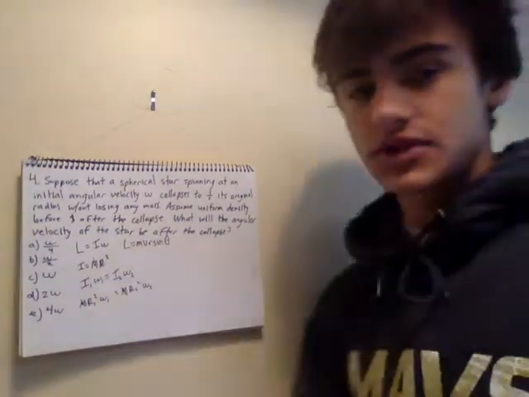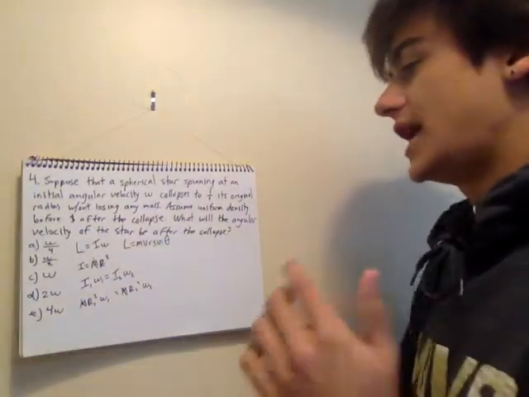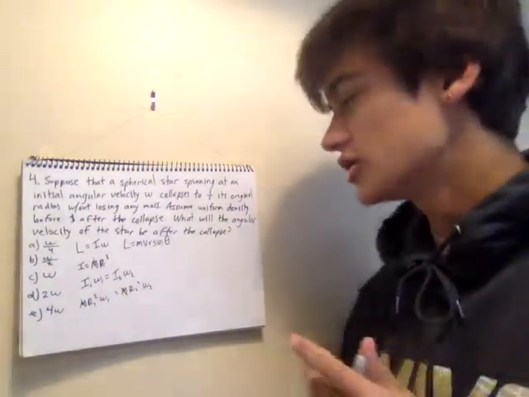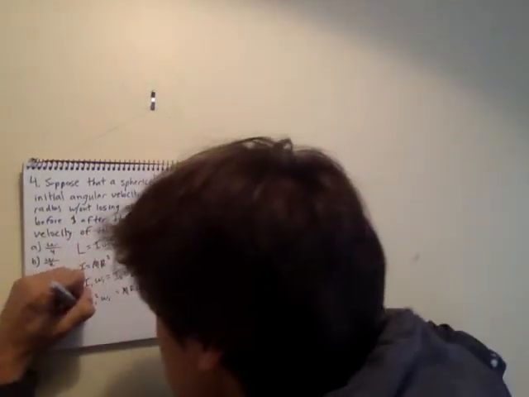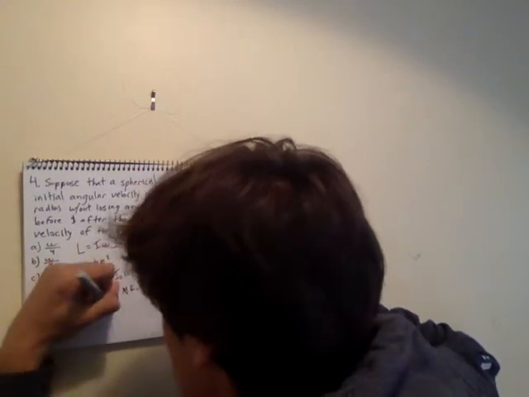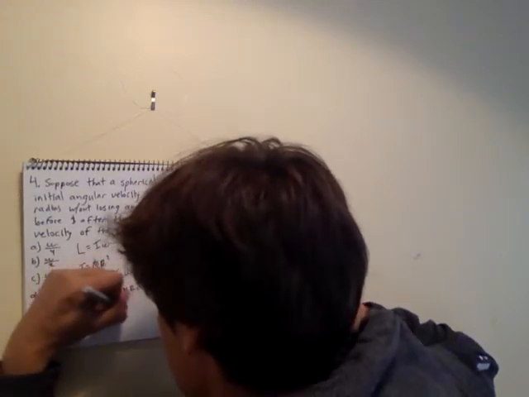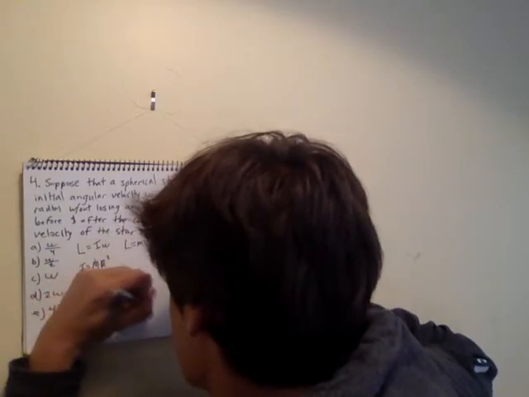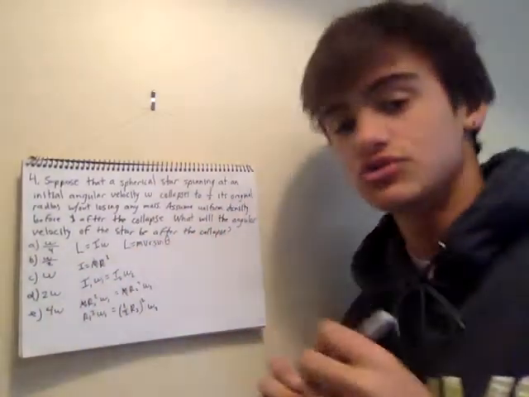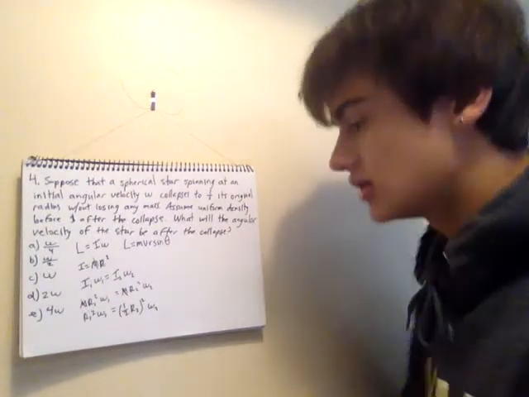Now let's look at the radius. Initially the radius is just r. After, the radius is 1/2. So r1 squared, and then after it's going to be 1/2 r2 squared. And when you square a half, it becomes 1/4.